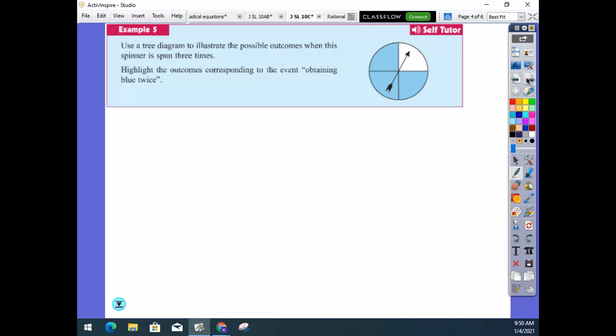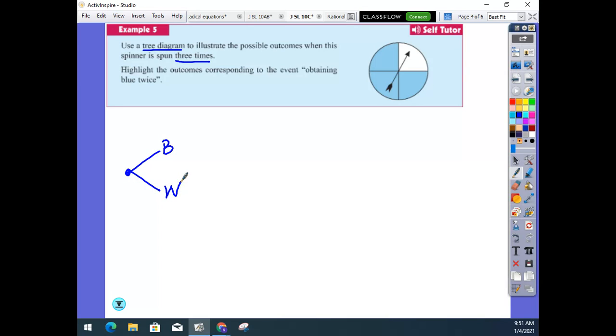Okay, so this says use a tree diagram for spinning the spinner. We're going to spin it 3 times. So here we're starting out, and what are our outcomes? It doesn't really say, so we could say blue and white.